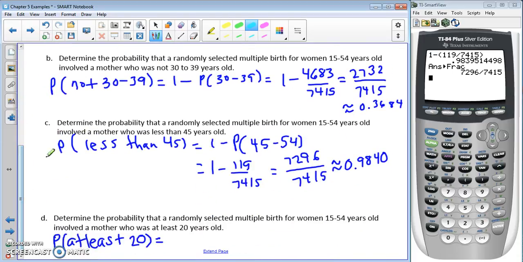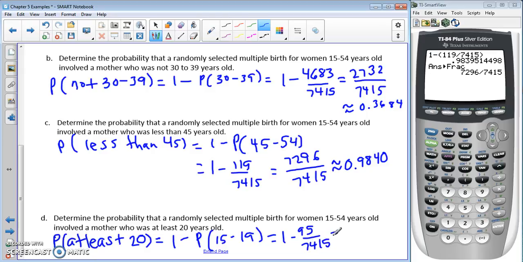So let's use our complement again here. So we're going to look at 1 minus the probability that they're between 15 to 19, so that's going to be 1 minus, there's 95 of them out of 7415. So again, 1 minus parenthesis 95 out of 7415.